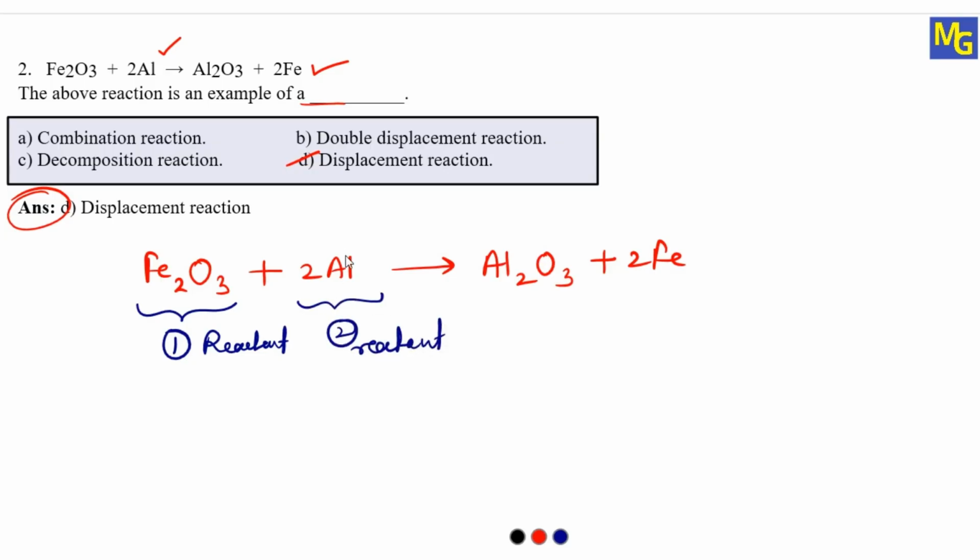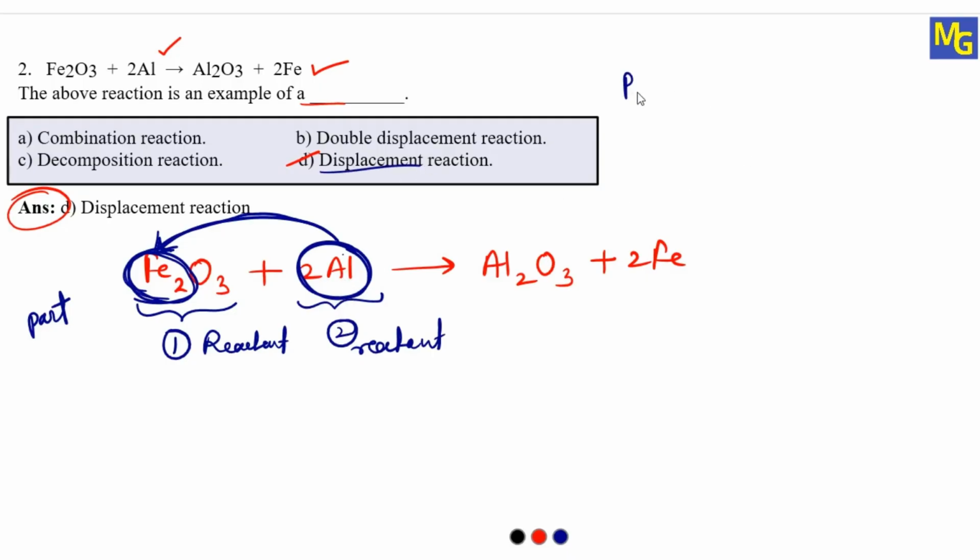Now, the whole second reactant is going and displacing part of the first reactant. Remember, the whole second reactant is displacing the part of the first reactant, only the part, not the whole. So Fe2O3 means whole, and out of Fe2O3 only Fe is called the part. So whenever part of one reactant is replaced by the other reactant, such a reaction is called a displacement reaction.